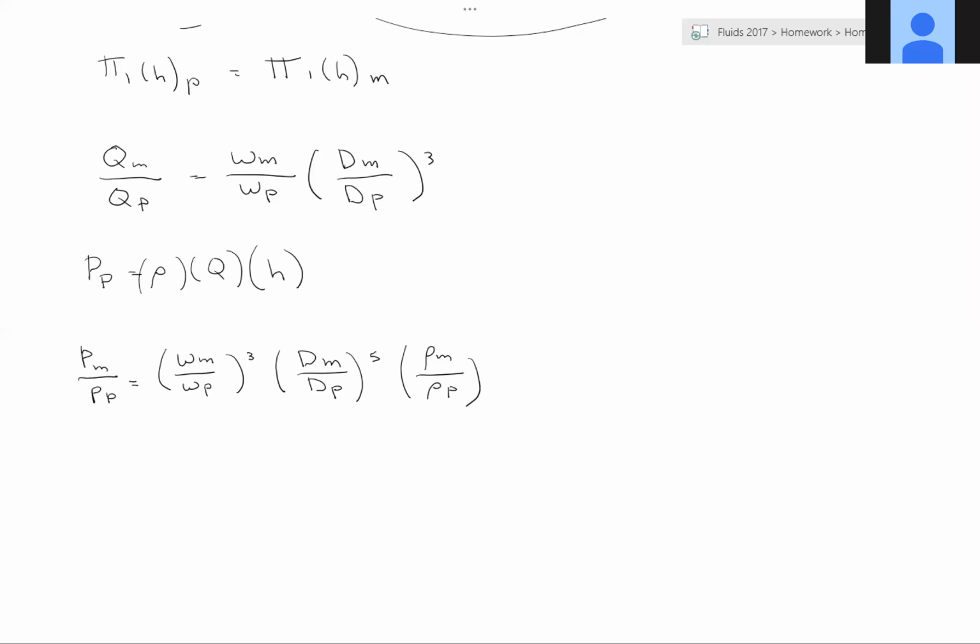They're both in the same fluid, so we can get rid of this. You could do either one. I solved in terms of ratios, but the problem is we don't have enough information. Like, for example, here, what can we solve for in this particular problem?